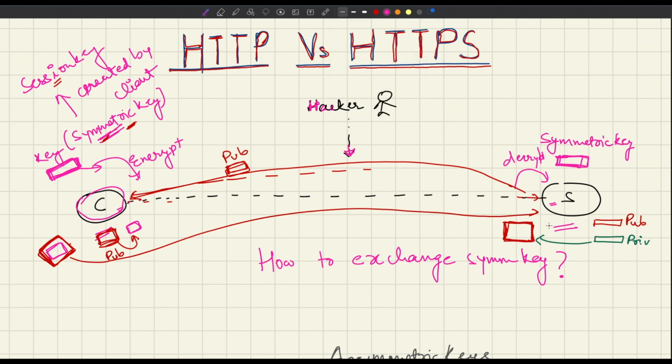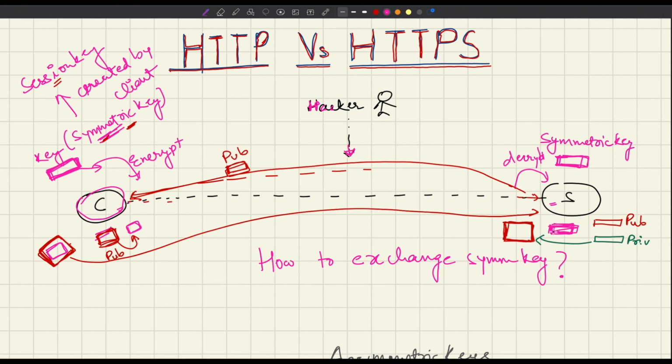Server is going to take out that symmetric key, and hence server will have the symmetric key, right? So that's how, using asymmetric key, we are securely exchanging the symmetric key.